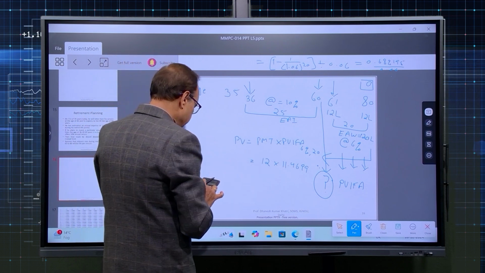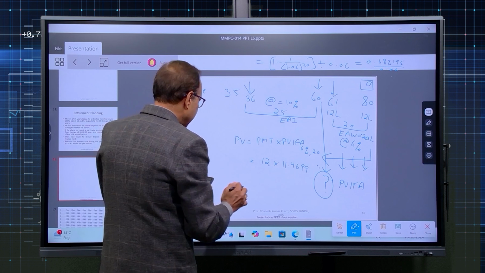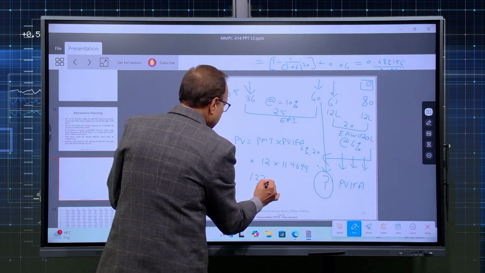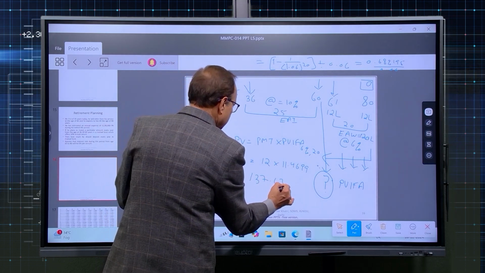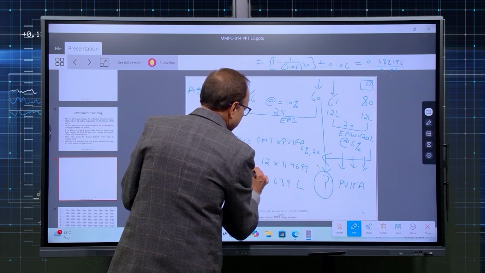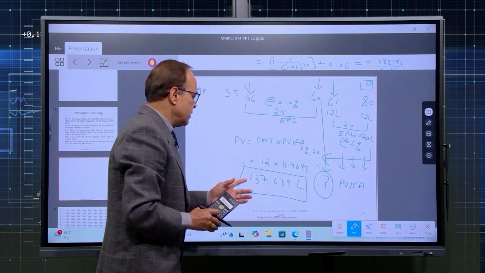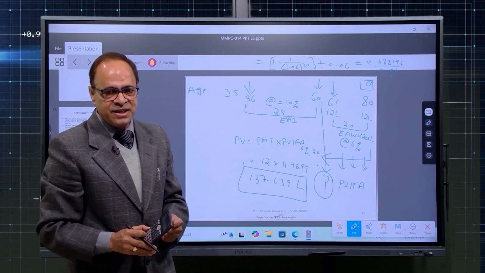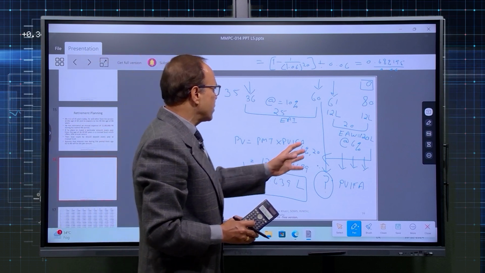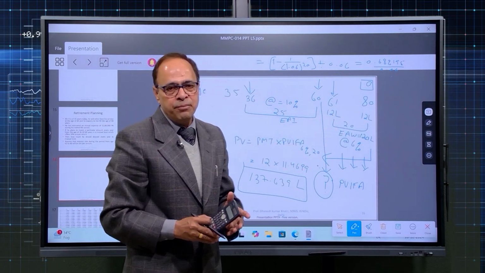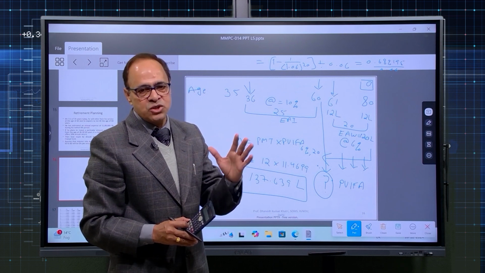Now, if you multiply it with 12, you will get it. He needs to have 137.639 lakhs as a corpus. So, if his corpus at the age of 60 is 137.639 lakhs, then he can comfortably withdraw 12 lakh rupees per annum till the age of 80, that is 20 installments.